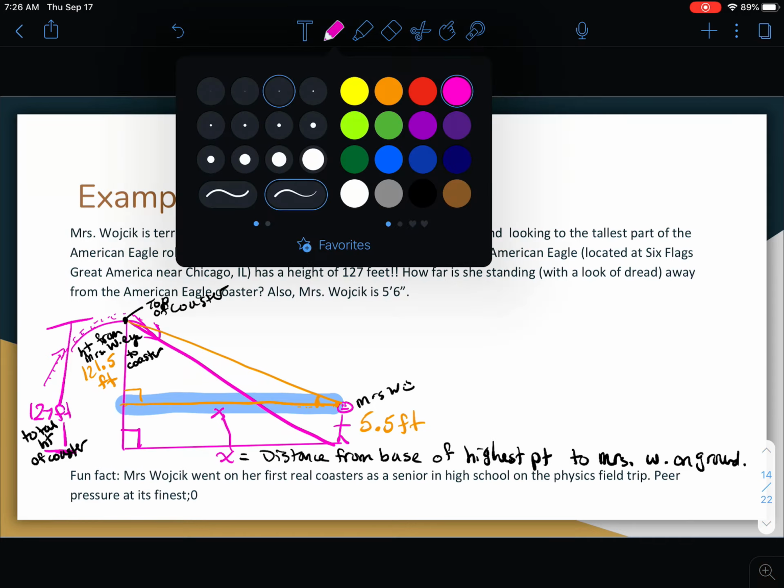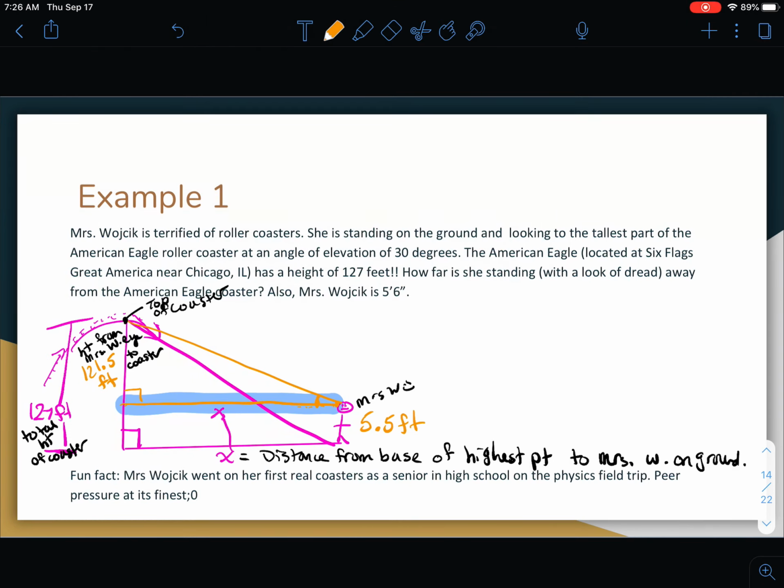What do we know? Now, we know something about an angle. It says my angle of elevation is 30 degrees. So from the horizontal, I'm looking up 30 degrees. Now we need to decide what trig function is going to work for this. We have our angle, or theta, as we were looking in the other ones.